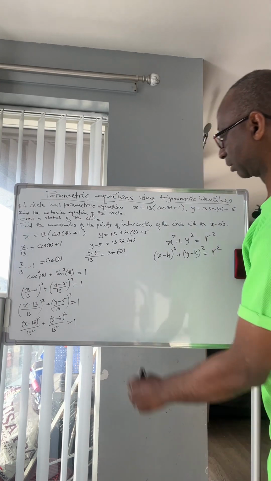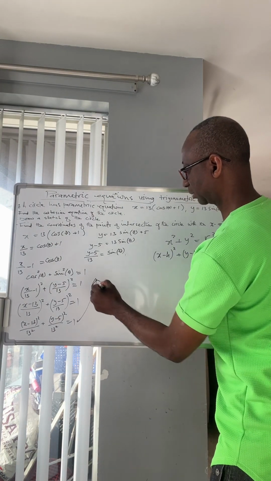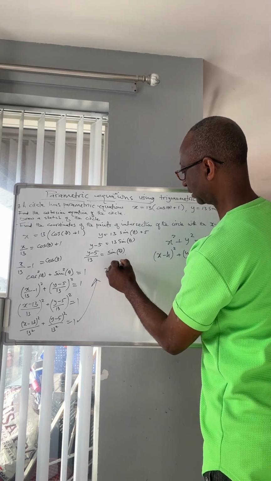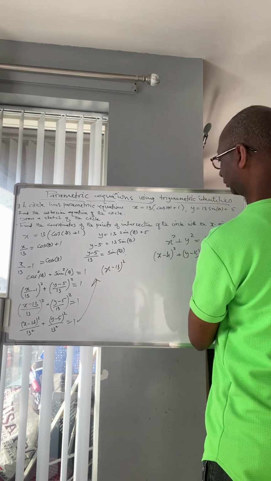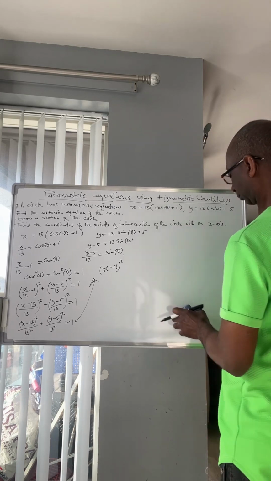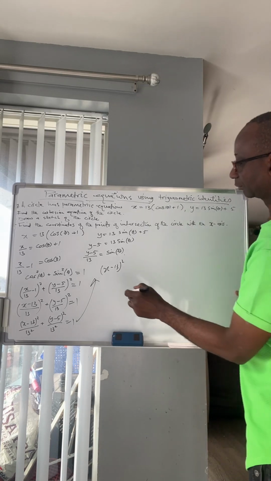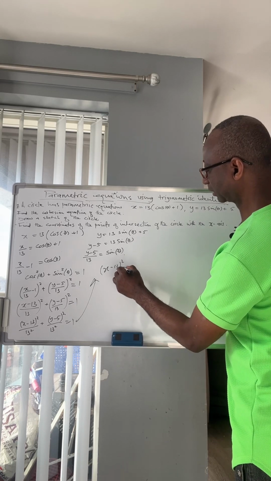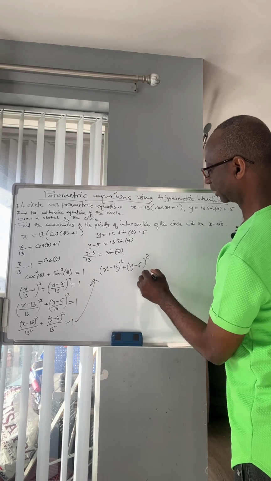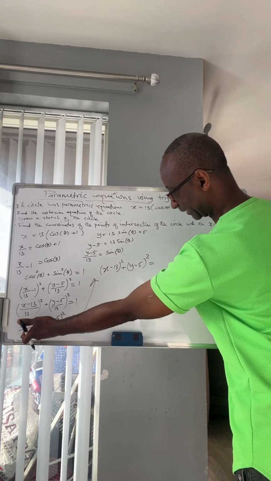So what we have now is x minus 13 all squared plus y minus 5 all squared equals 1.